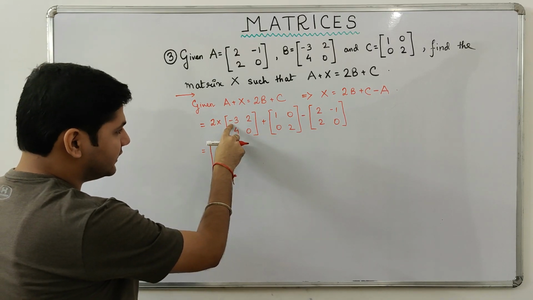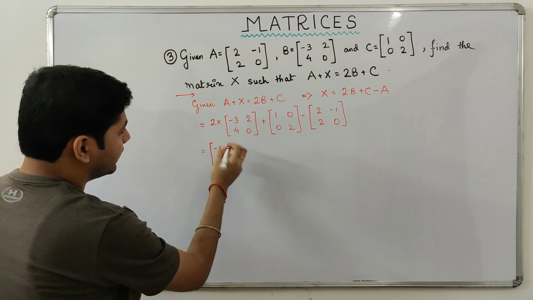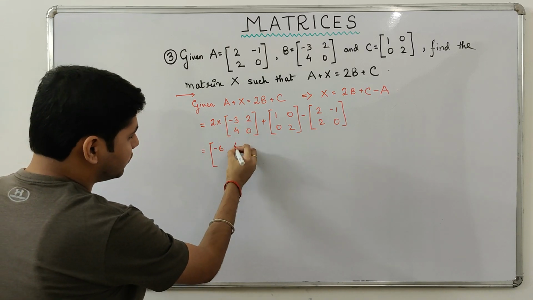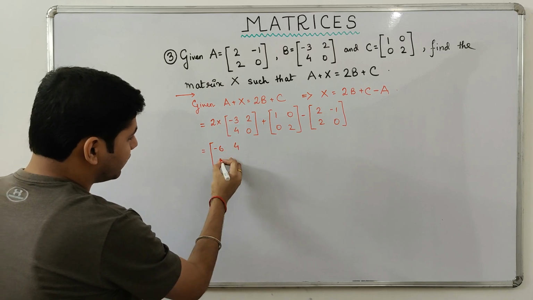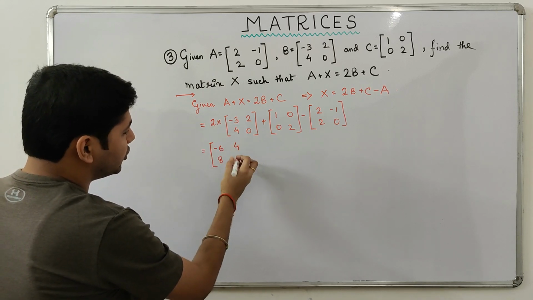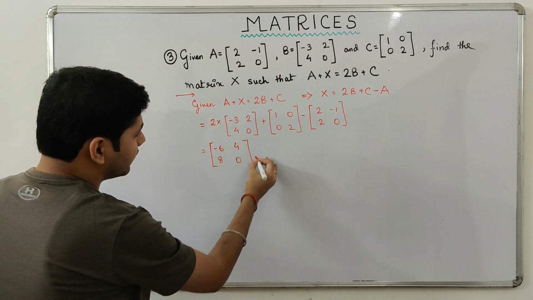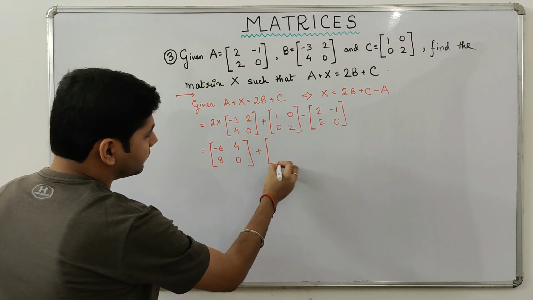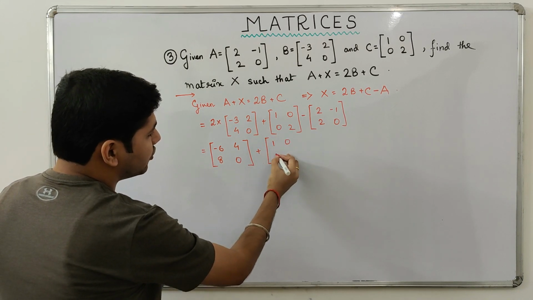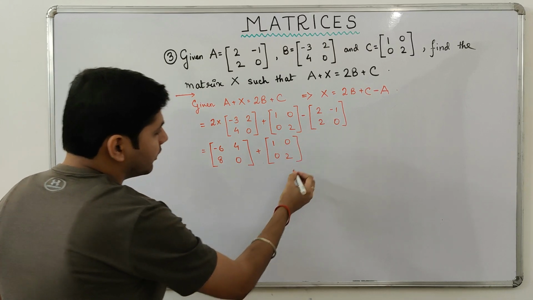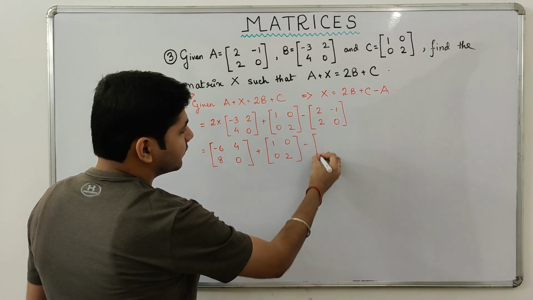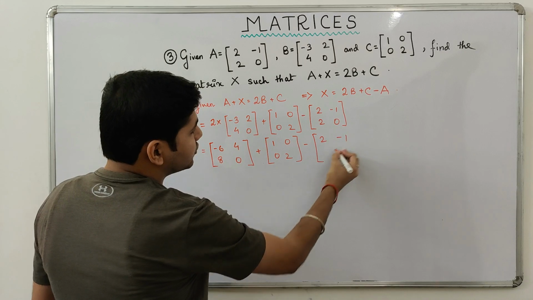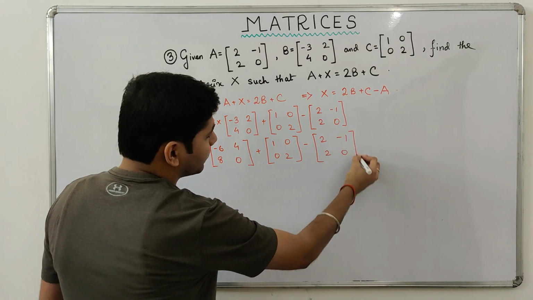2 into minus 3, that's minus 6, 2 into 2, that's 4, 2 into 4, that's 8, 2 into 0, that is 0, plus this matrix 1 0 0 2, minus 2 minus 1 2 0.